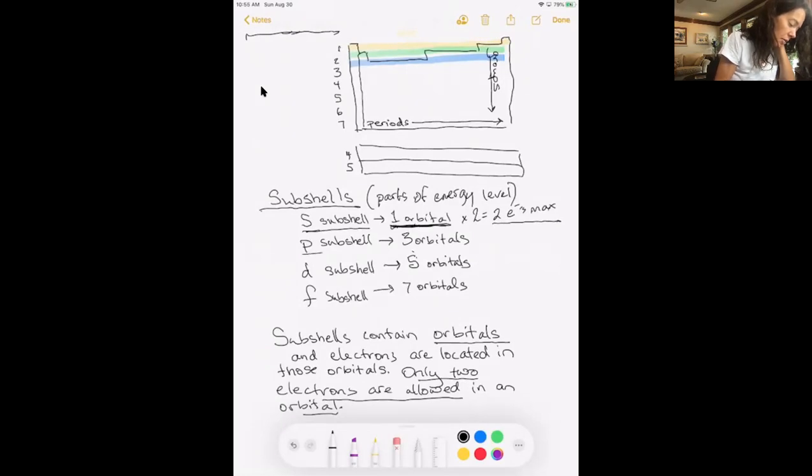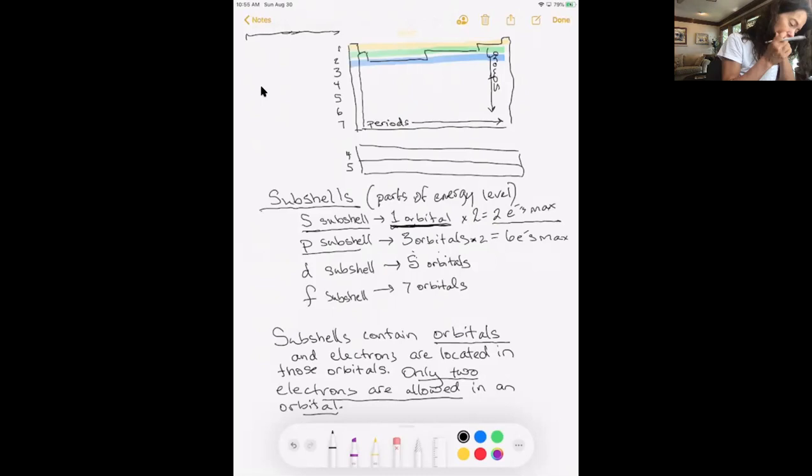On the P subshell, we can have a maximum of 6 electrons, okay? Because there are 3 orbitals in the P subshell, and each orbital can have 2 electrons, so it's a maximum of 6, right?